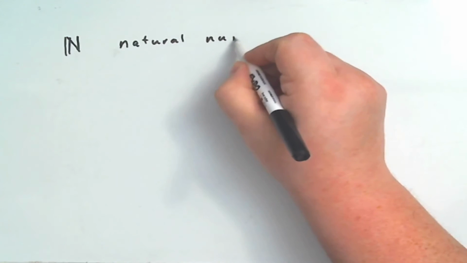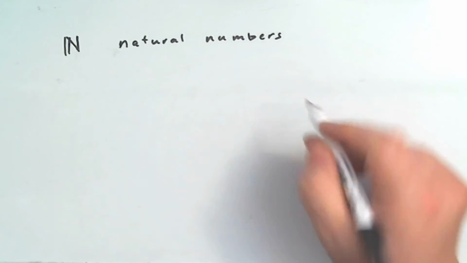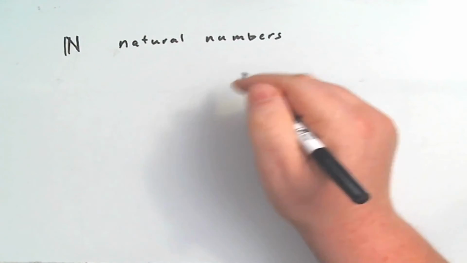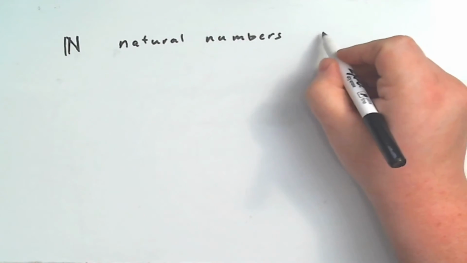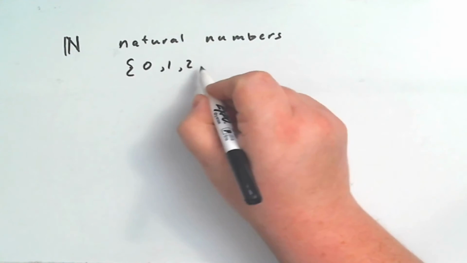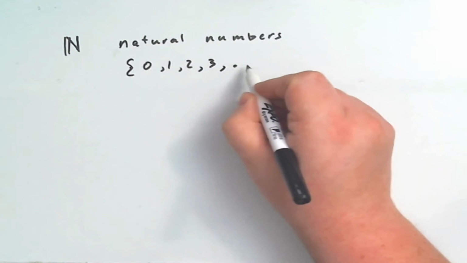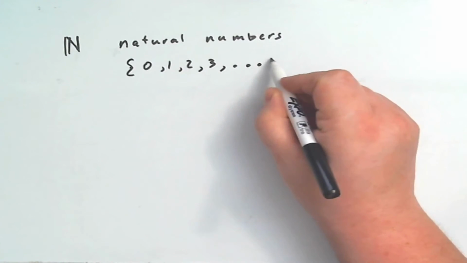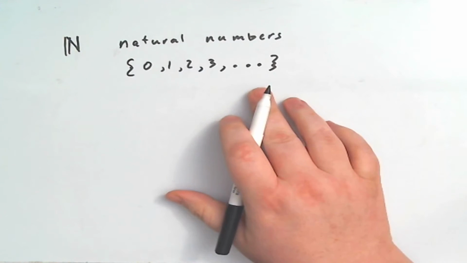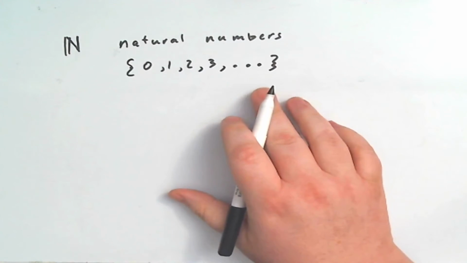Now unfortunately, the explicit description of the natural numbers changes from text to text and from mathematician to mathematician. Generally, the natural numbers consist of the set 0, 1, 2, 3, and we'll use these ellipses because it's an infinite set. So it's the set of all these non-negative whole numbers, or non-negative integers.